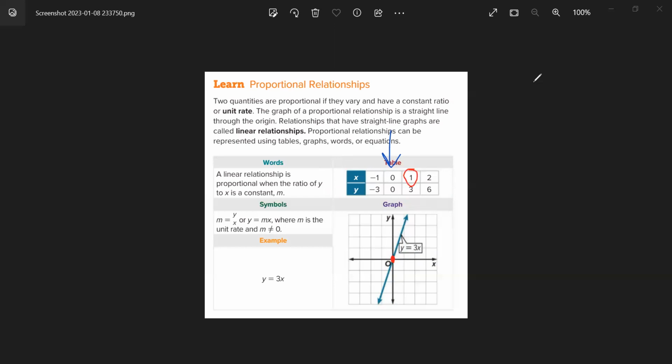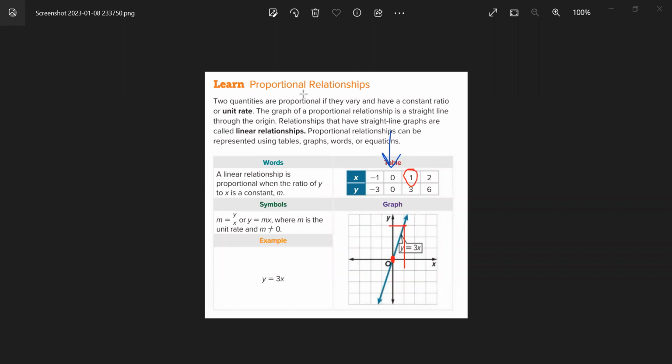If I add 1 in X, remember, X is this way, I will have to add 3 in Y. Let's see the connection. I'm going to draw lines. How we know that we're going to put the dot right there. Okay, the dot will be right here.